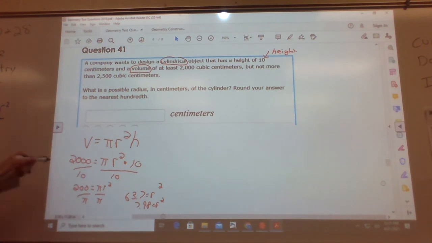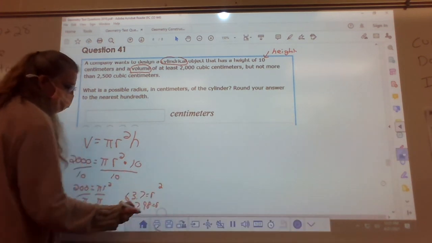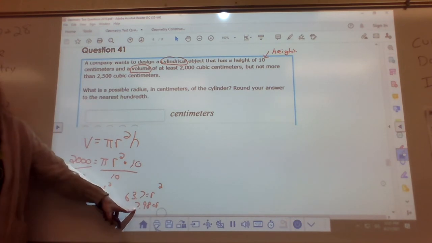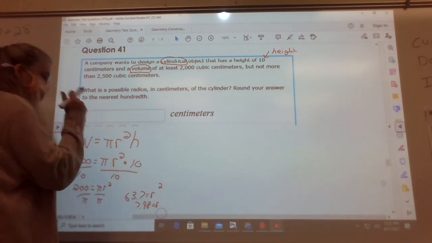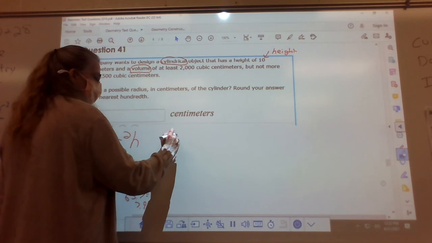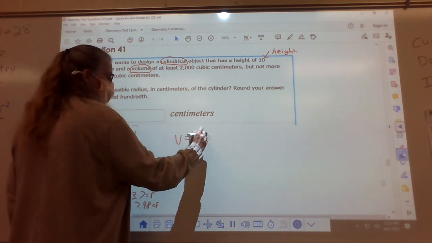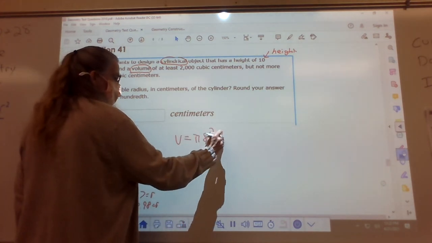Right now I've got my radius as 7.98, so I want my radius to be a little bit bigger. Oh, 8. So I can do 8. Let's try 8. So V equals pi times 8 squared times 10.